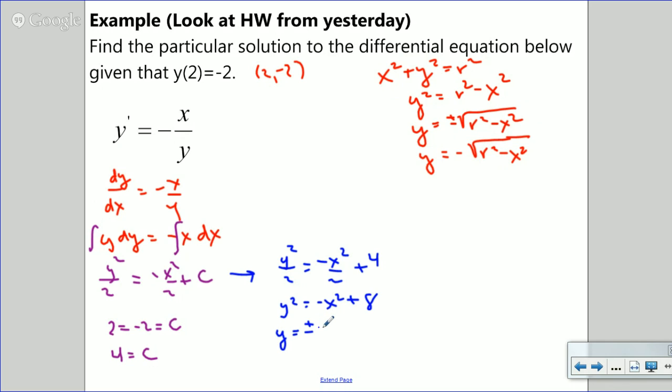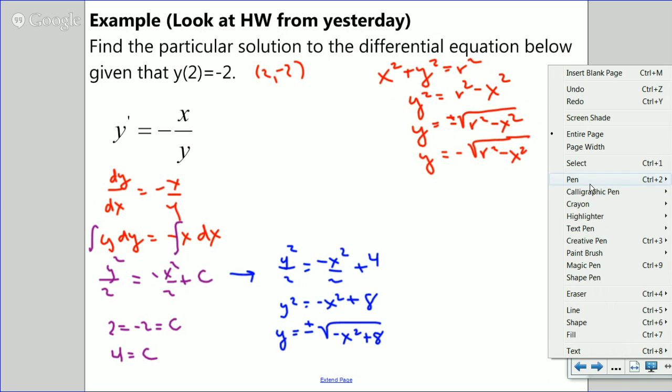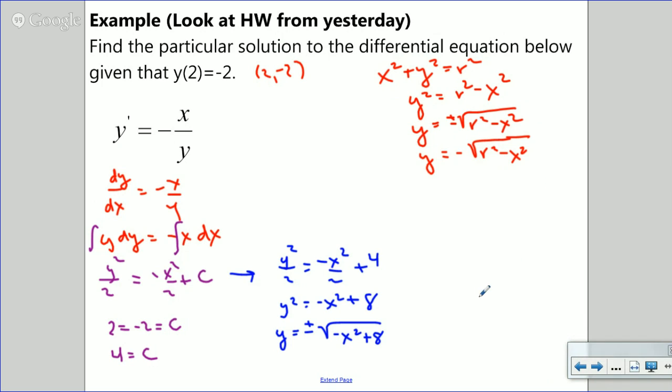Square root, but I need plus or minus. Okay, how do I choose plus or minus? We go back to the initial condition, don't we? So we need to plug the initial condition in. The initial condition was y is negative 2.